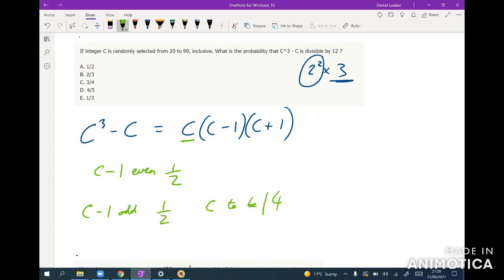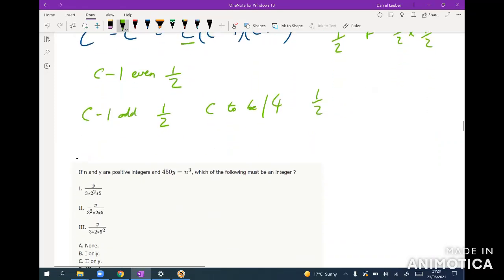C is even in this case, you pick a random even number, and it's divisible by 4 half the time. So we've got another half there. And so the answer will be half plus half times a half, which is simply 3/4. And so that will be our answer, C.